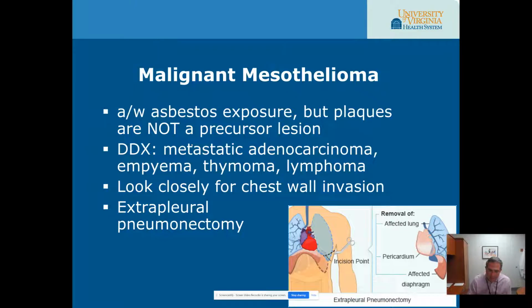They're not. The calcified pleural plaques don't turn into mesothelioma. It's just a hint of a shared risk factor. We want to look closely for chest wall invasion, because that will limit patients from being able to have surgery, which is an extrapleural pneumonectomy, which is quite an extensive surgery.